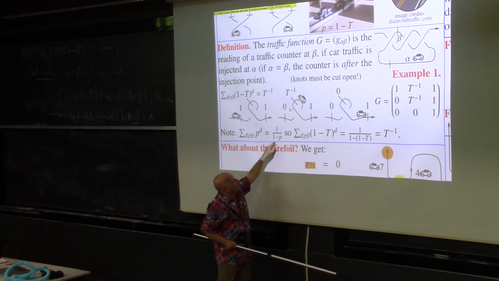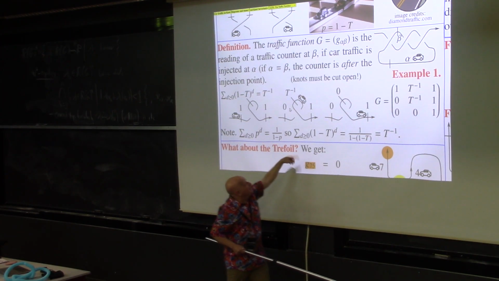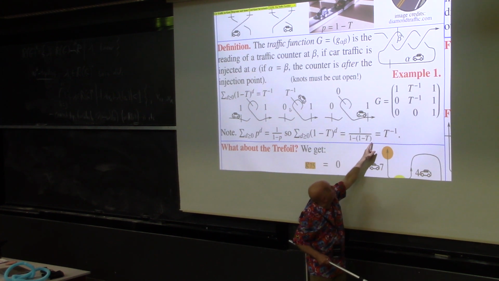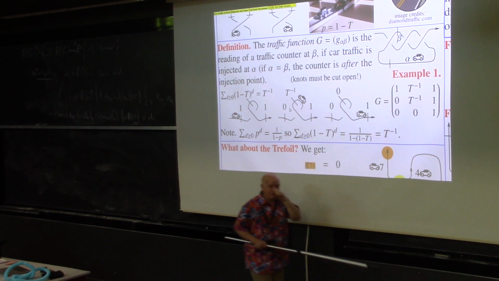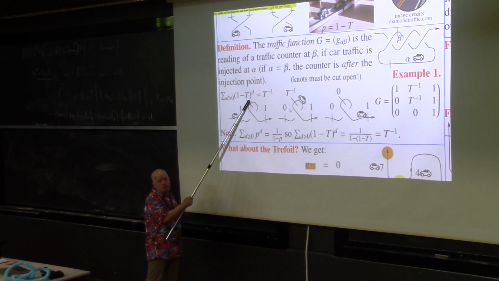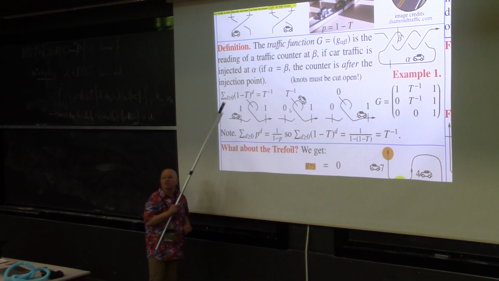Series. It's 1 over 1 minus P, and our P is 1 minus T, so it's 1 over 1 minus (1 minus T), so it's just T inverse.